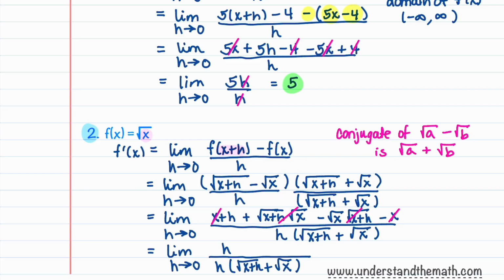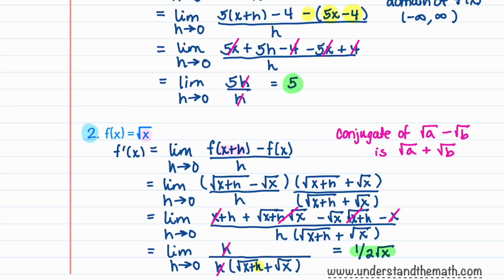Now you can see that our h's cancel. And then we can substitute that h is equal to 0. So this gives us an answer of 1 divided by 2 square root of x. And that's our answer. So the derivative of root x is 1 divided by 2 root x.